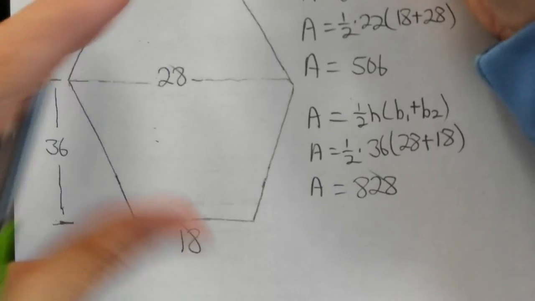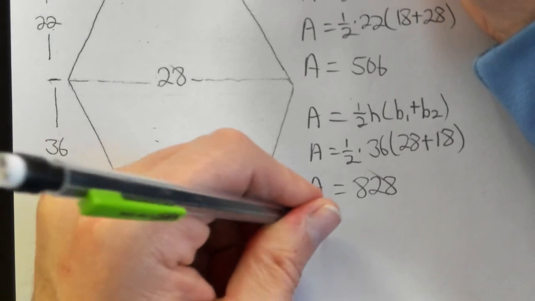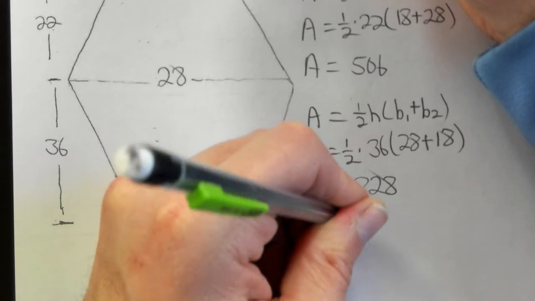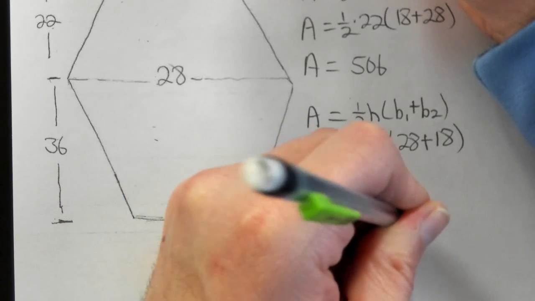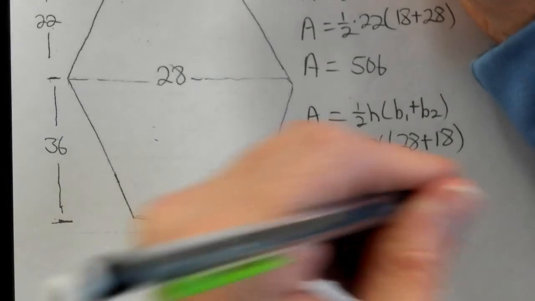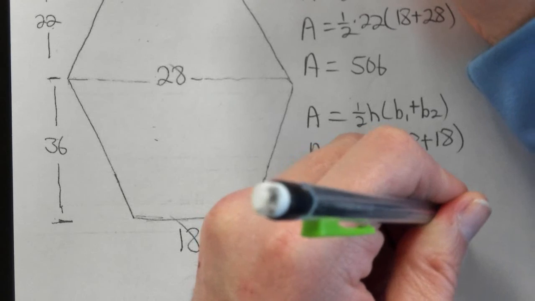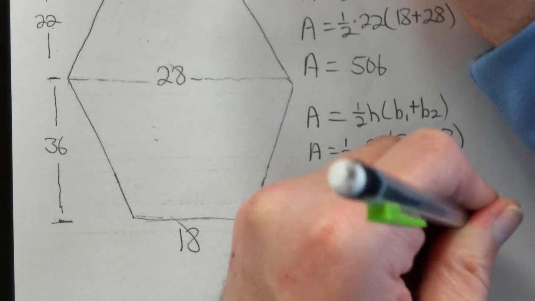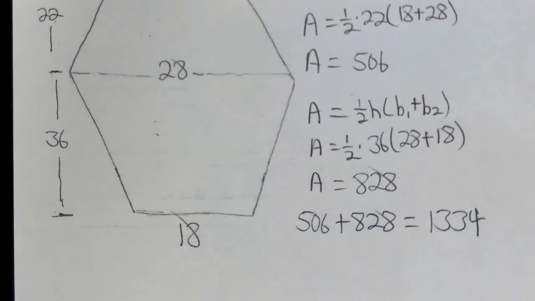And so if I want the area of the whole figure, let's go 506 plus 828. And then guess what we get? 1334 is the correct answer for the area. And so now at this point, you are ready for quiz 8-4.